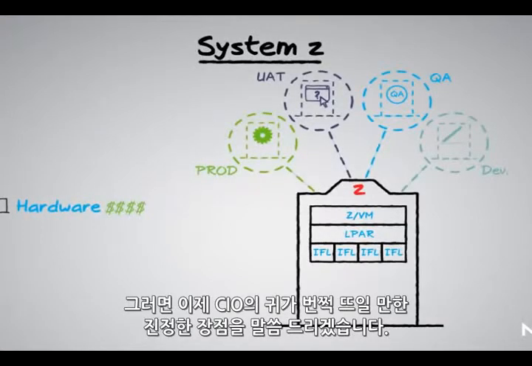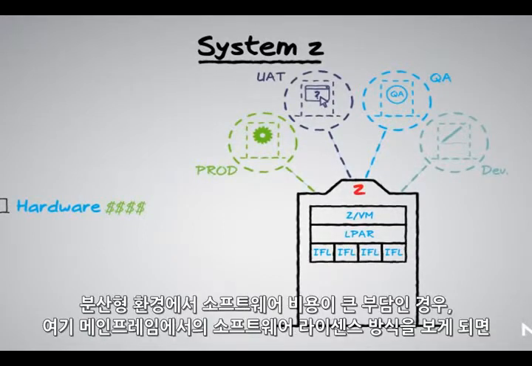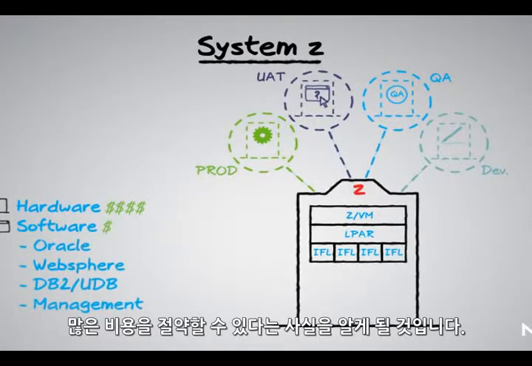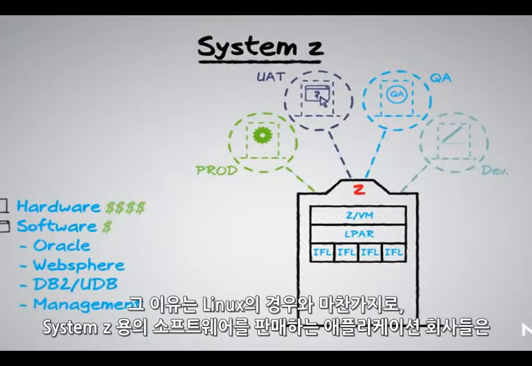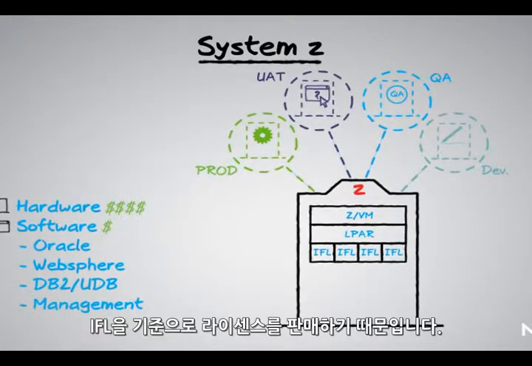Now, this is where it really gets good, and this is where it's going to perk up your CIO's ears. If software costs are killing them over here in the distributed environment, then when they look at how the software is licensed on the mainframe, they're going to find that they can save a lot of money. And the reason why is, just like SUSE Linux Enterprise, application vendors that sell their software for System z sell it per IFL.